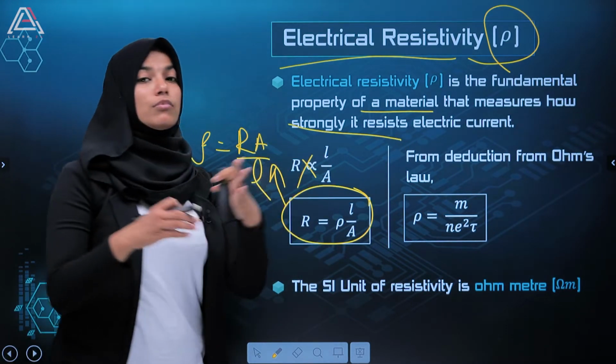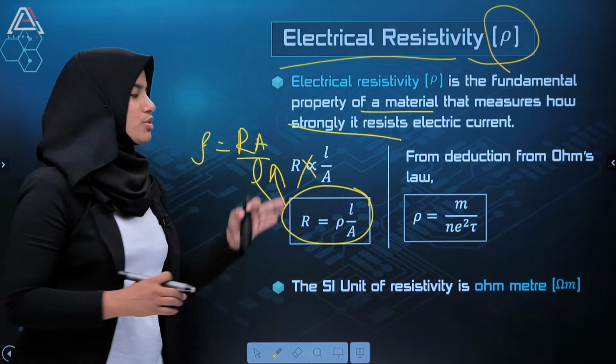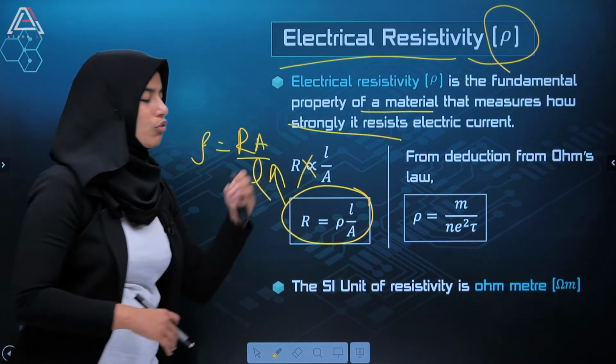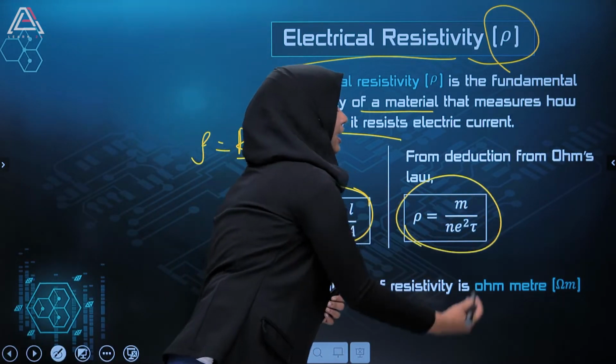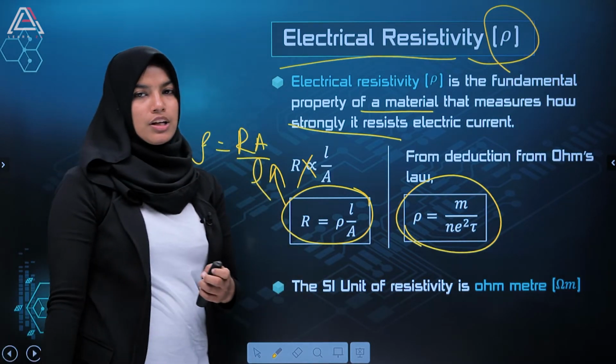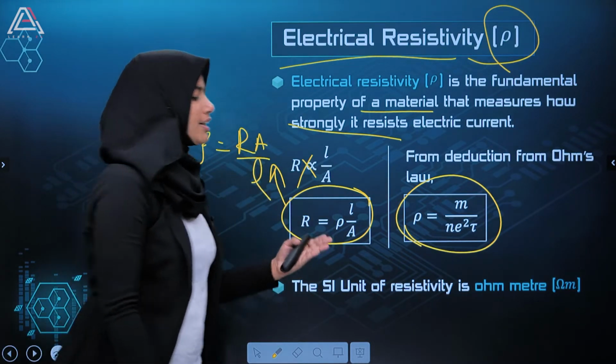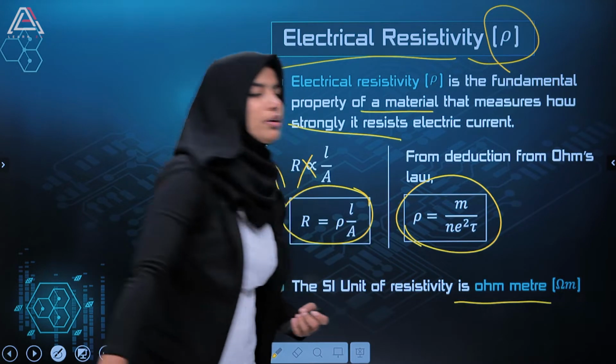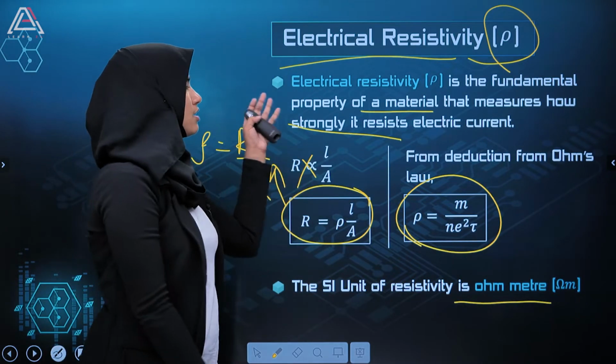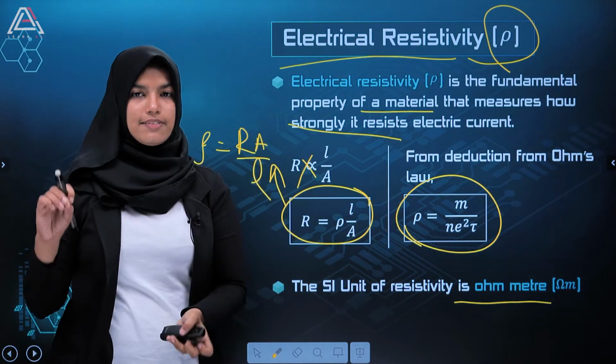Now from Ohm's law, we derived the value of rho. Rho was m by n e square tau. The SI unit of electrical resistivity is ohm meter. Now this is all about electrical resistivity.